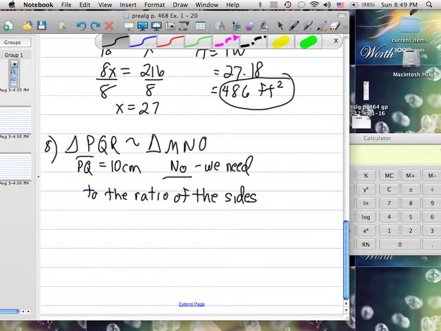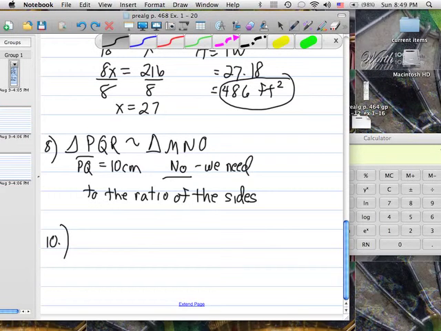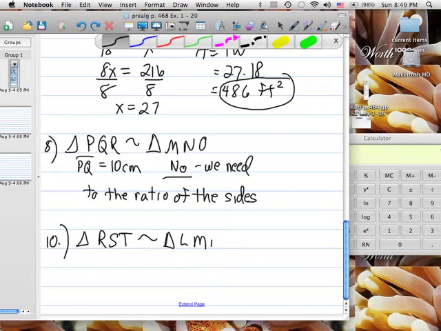Problem number 10. Referring to the figure at the right, triangle RST is similar to triangle LMN. Find the length of NM.